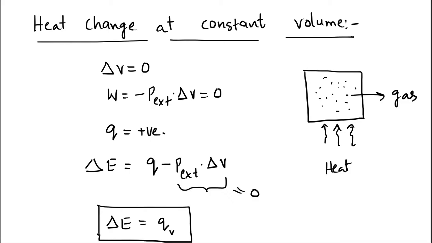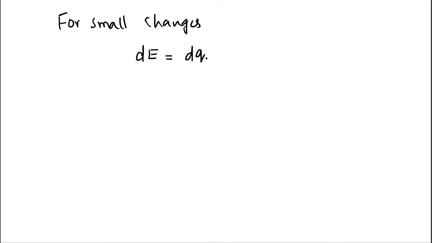So, for small changes, we can replace this equation. Now I represent internal energy as U. Some books use U for internal energy, some use E. Okay, let's follow E only. dE equal to dQV.